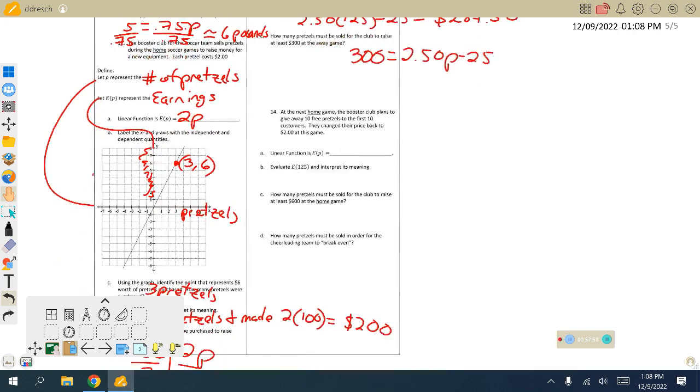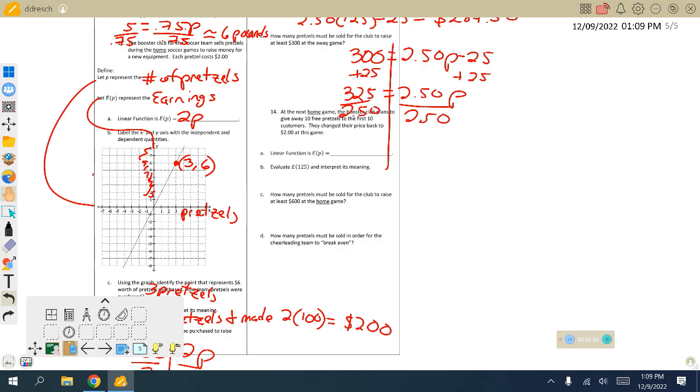And we are going to add that 25, just like we were doing. 300 plus 25. And then we're going to do our division one more time.